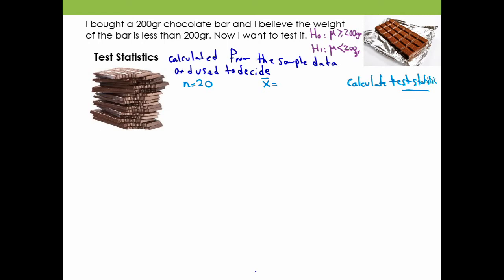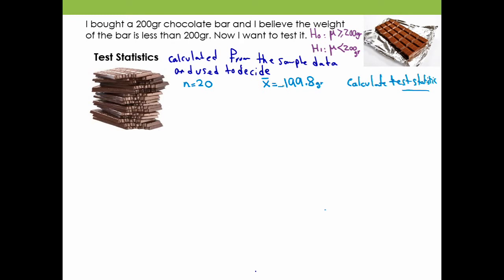Now in this question, assume that I see that the mean weight of these 20 chocolate bars is, for example, 199.8 grams. In this situation, although it is less than 200, it is very close to 200, and I'm not confident to reject it quickly, and the level of confidence is very low.